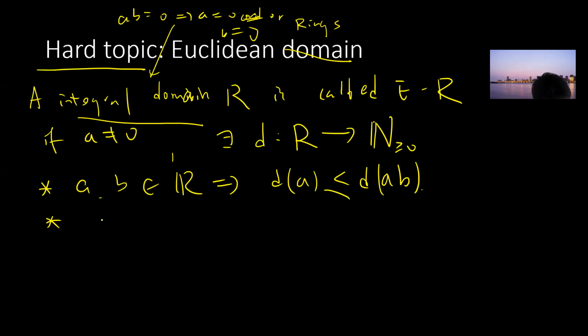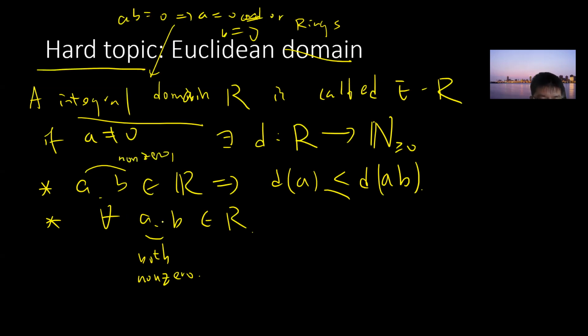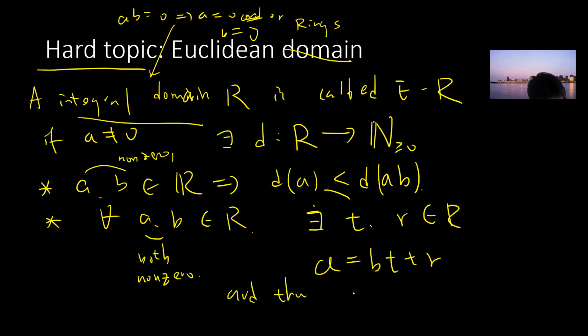The second is that for any A, B belonging to R, both non-zero, there is a division. There are T and R such that A is BT plus R, and then there are two cases. The first is R is 0.